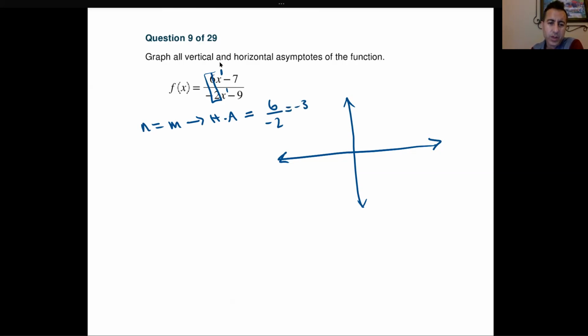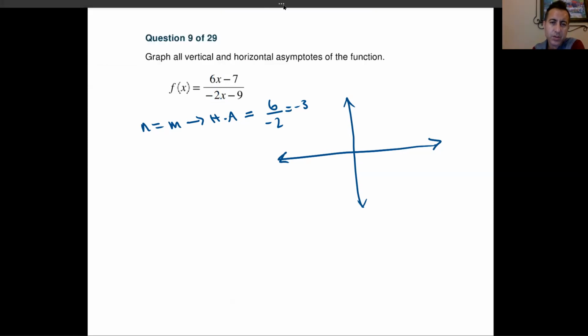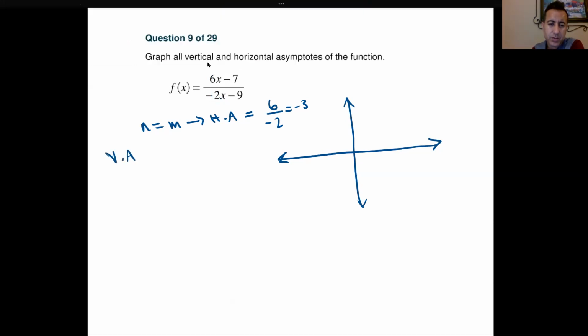Then we always, of course, look at the denominator for the vertical asymptote, see if the denominator can be 0. So for the vertical asymptote, we set the denominator to 0, and -2x equal 9, and x equal -4.5.